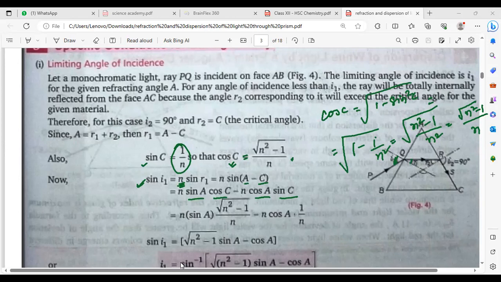Sin A cos C minus cos A sin C. Is that okay? Sin A cos C, cos C के बदले वैल्यूज हमने रख दिया, ये कैंसिल हो जाएगा, it will be just cos A.